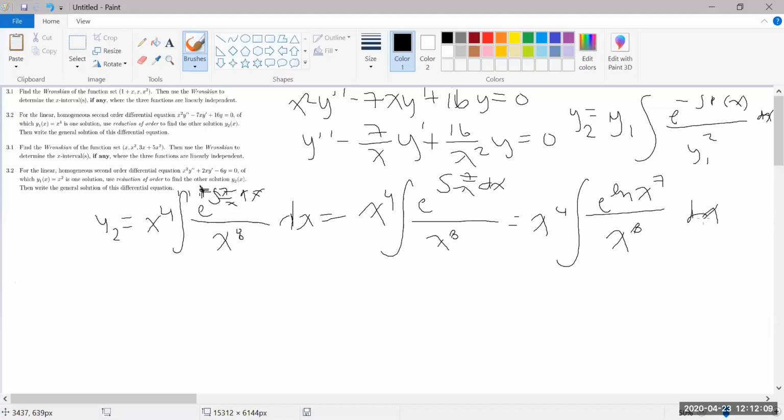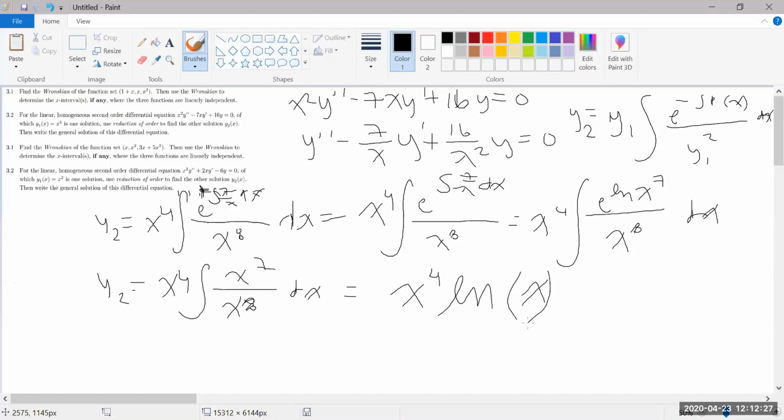Your natural log and your e go away, so you get y2 equals x to the 4th times the integral of x to the 7th over x to the 8th dx. So this is going to go to x to the 4th times the natural log of x.